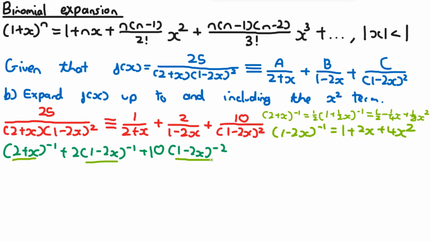And then finally, let's expand this here. So this is going to be 1 minus 2x to the power of minus 2. So the first term is going to be 1. The second term is going to be minus 2 times minus 2x, which is equal to 4x.